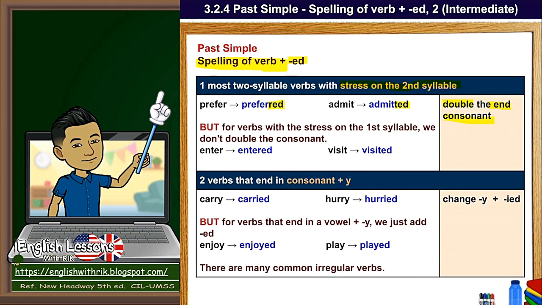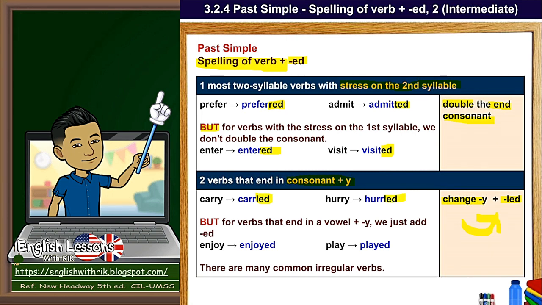For example, enter, entered, visit, visited. For verbs ending in a consonant and y, the y changes to ie. For example, carry, carried, hurry, hurried.